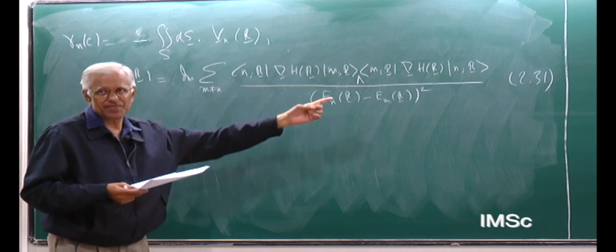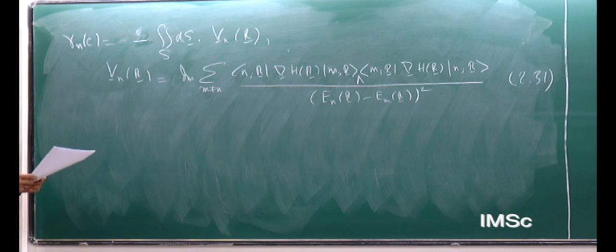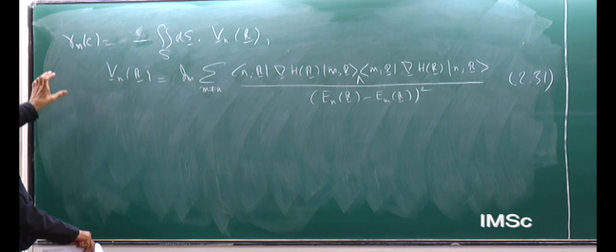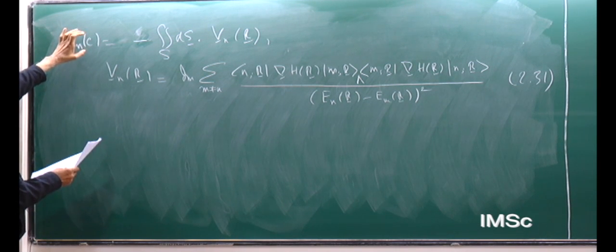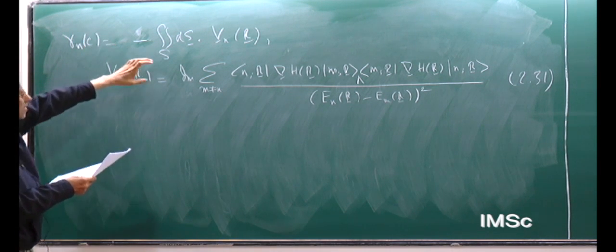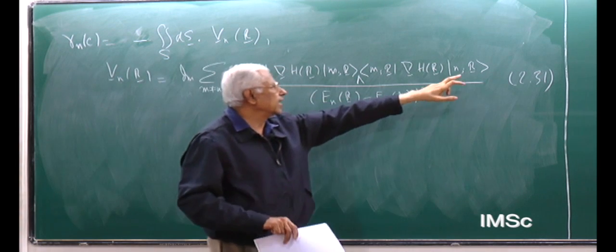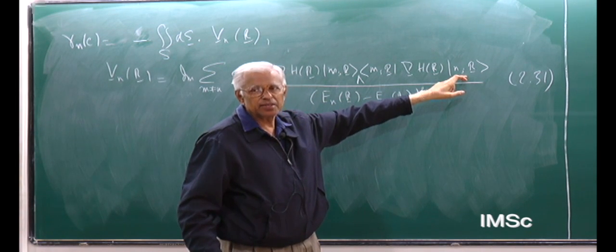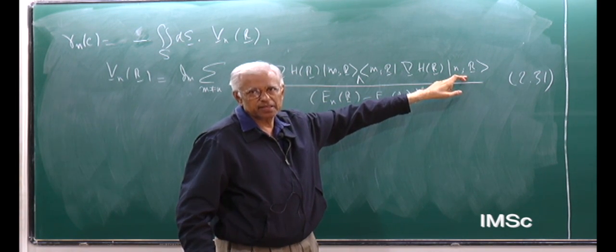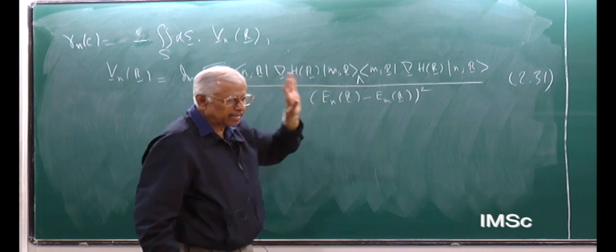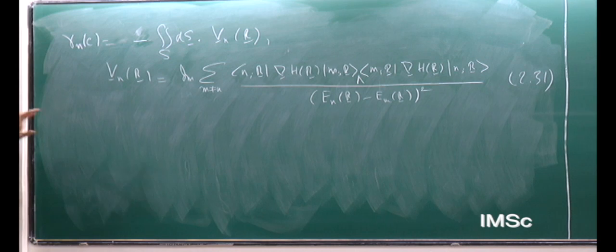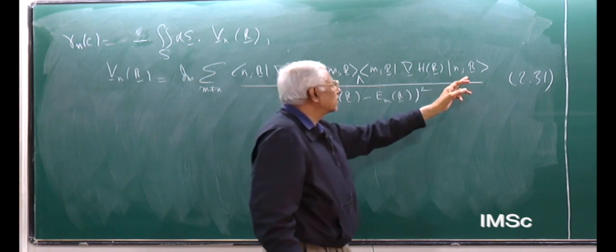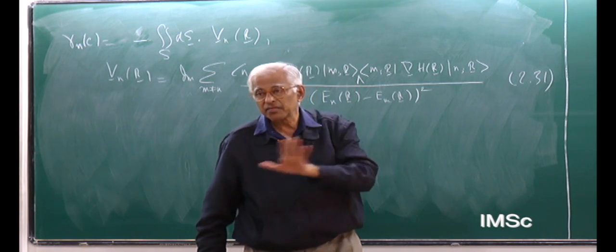So this is the result. This shows, as he has remarked, gamma n of C is independent of the choices of the phases of the eigenvectors of the Hamiltonian at each point in parameter space. I repeat that in the derivation we made an agreement, a convention, that the vectors n semicolon r are globally well defined.